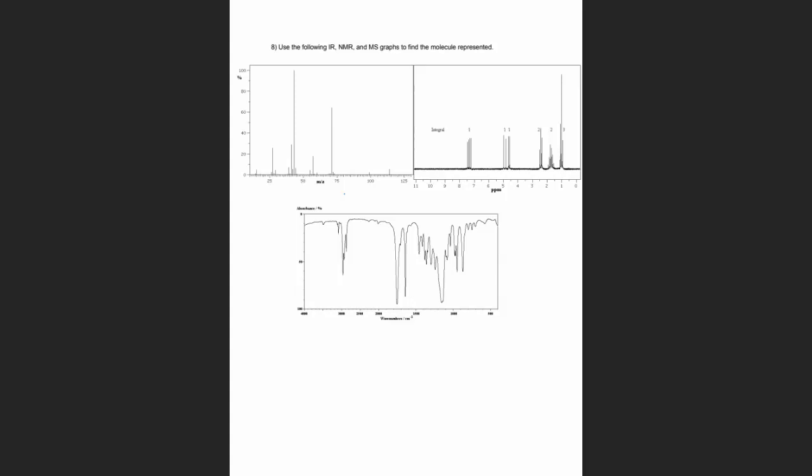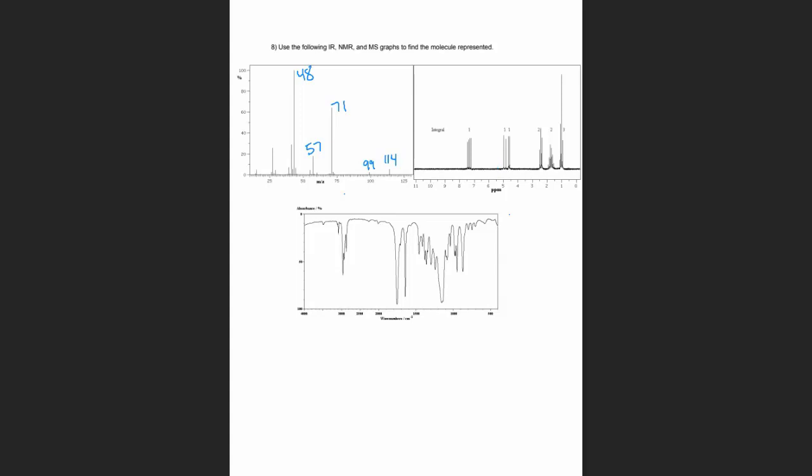Let me get started on this. Hopefully the writing will be better. So let me put the numbers for the MS. So we have 114. You have a 99 over here, 71, 57, 48, and I'll just go from there.